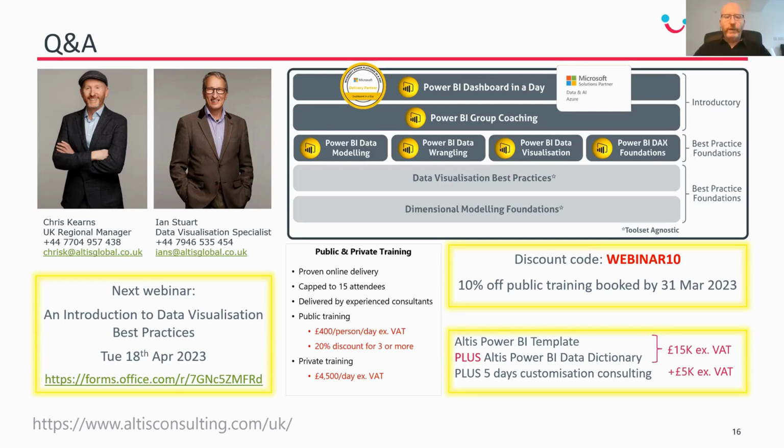Somebody asks why we don't have borders around the charts that you showed in the sample reports, Ian. Yeah, so I spoke briefly about Cole Nussbaumer Knaflic, who is a giant in the data visualization best practice space. There's also lots of others, Stephen Few, Edward Tufte, who wrote the book, The Visual Display of Quantitative Information. That's a word I always struggle with.